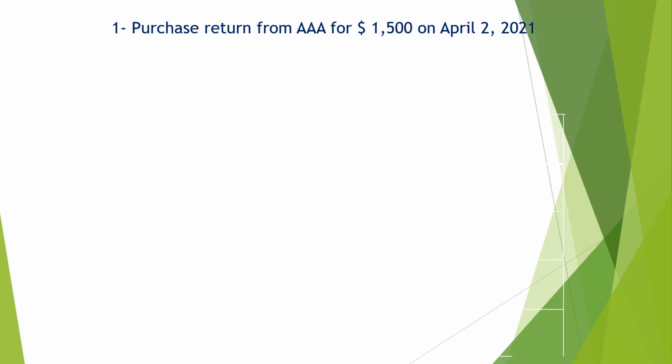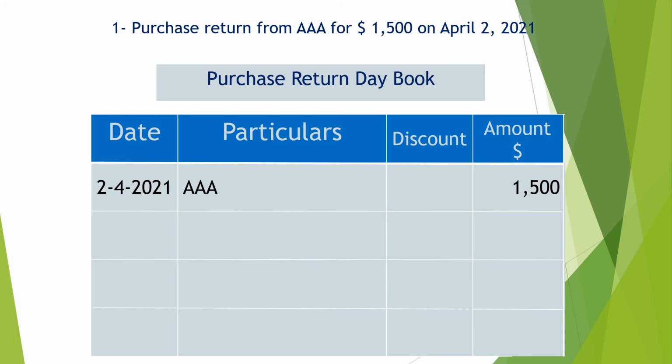Purchase return to AAA for $1,500 on April 2, 2021. Same as previous, the transaction is being recorded. If you can see here, we'll record the transaction as per previous books.